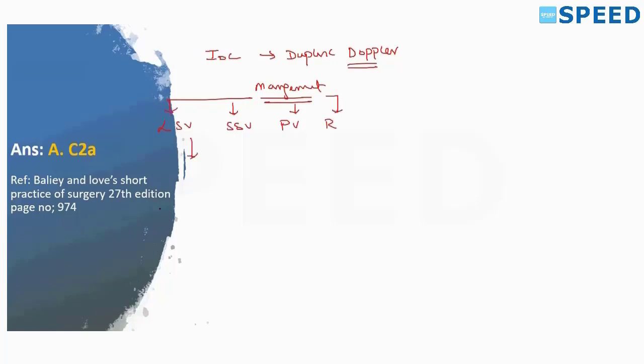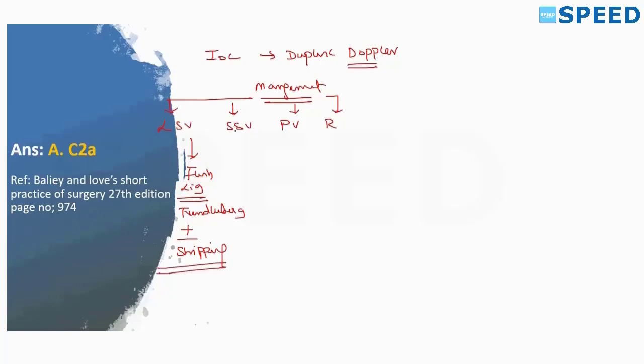If it is the long saphenous vein, the option is flush ligation of the long saphenous vein to the femoral vein. That is called the Trendelenburg procedure, with or without stripping.